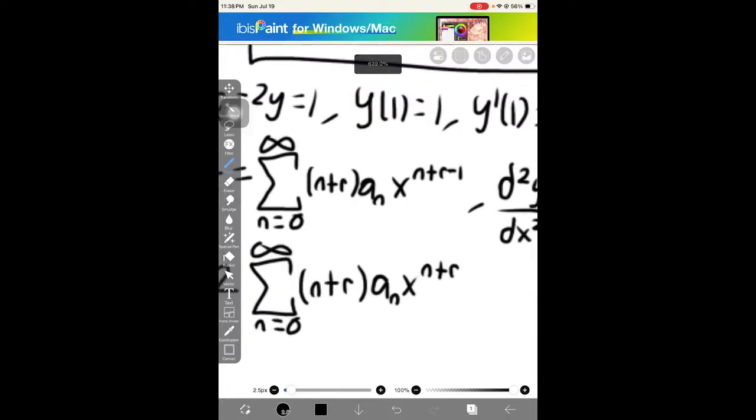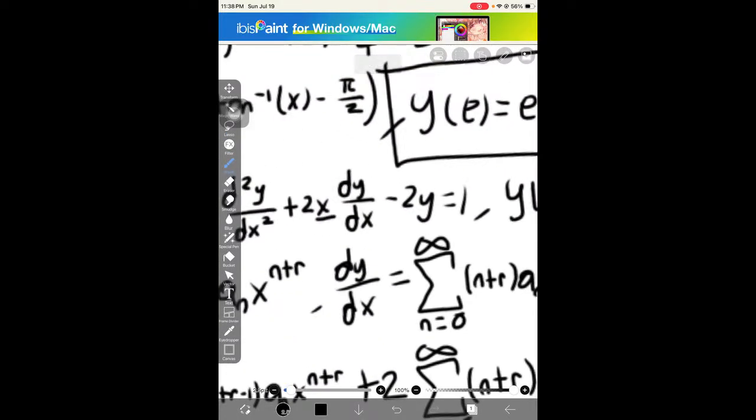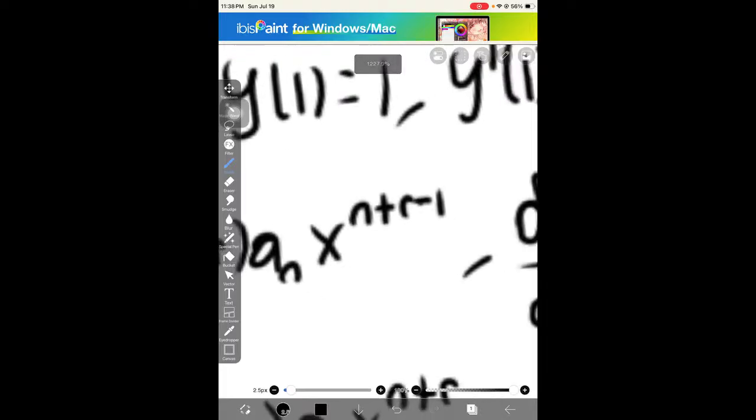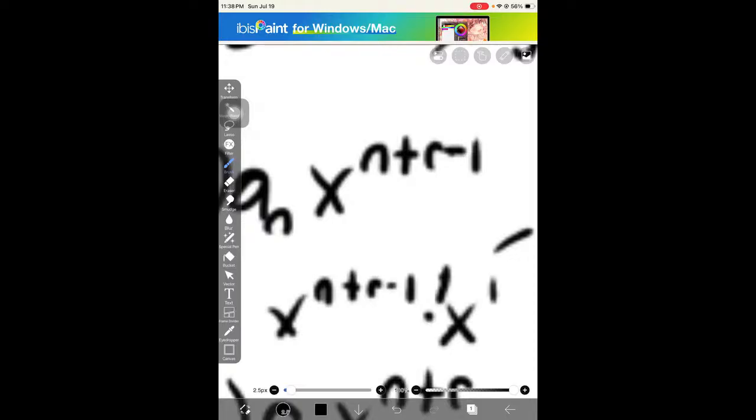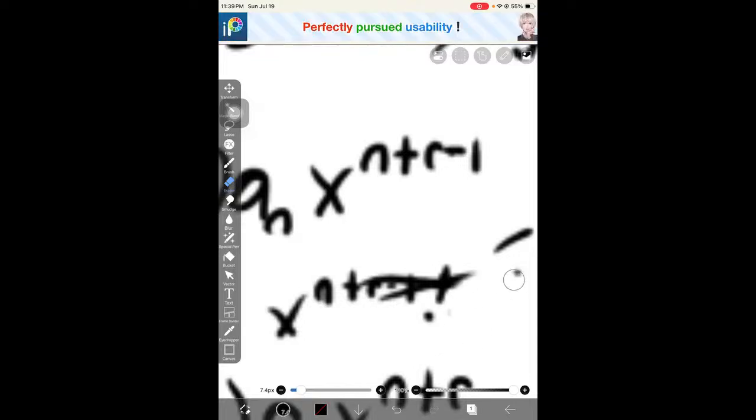What happened? Because we multiplied x with our series here, with our power here. If we were to multiply x raised to the power of n plus r minus 1 and then times x itself, isn't this just 1 raised to the power of 1? And then negative 1 plus 1 is equal to 0. So that's gone. You get it? You guys get it? So that's why we are now sharing a common power here in our series.